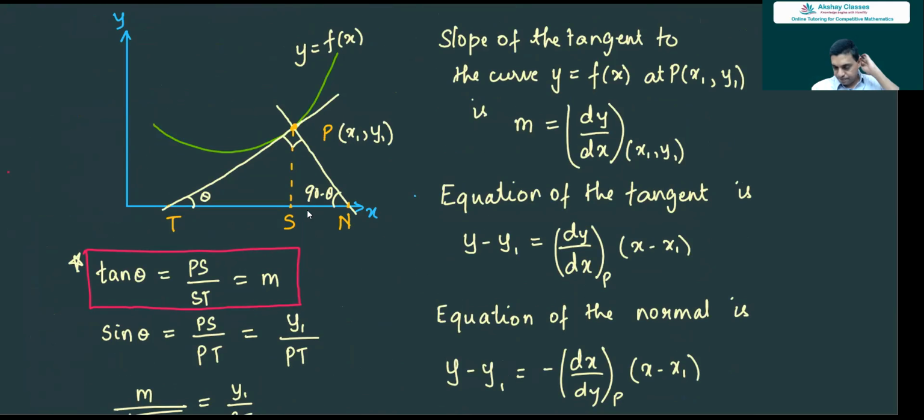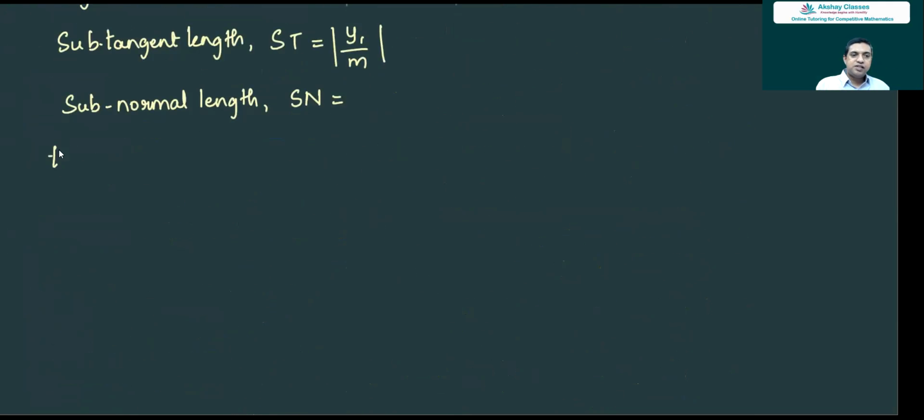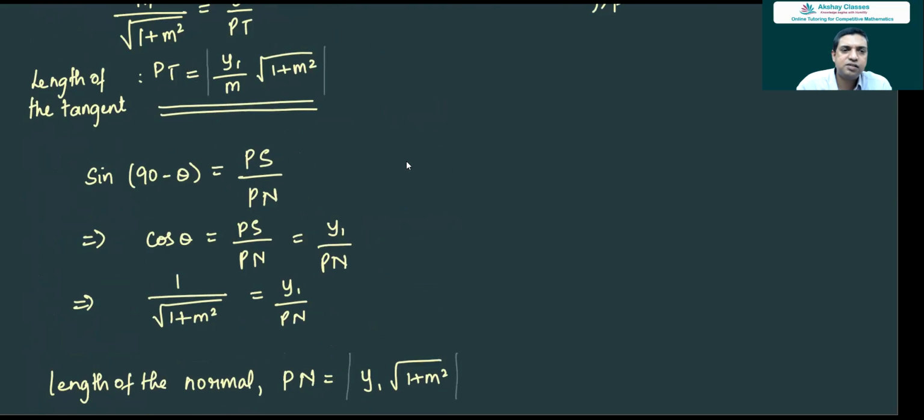So SN will be PS upon cot theta, which is PS tan theta, where PS is y1 and tan theta is m. So I will write here y1 into m. So these are the four results of tangents and normals.